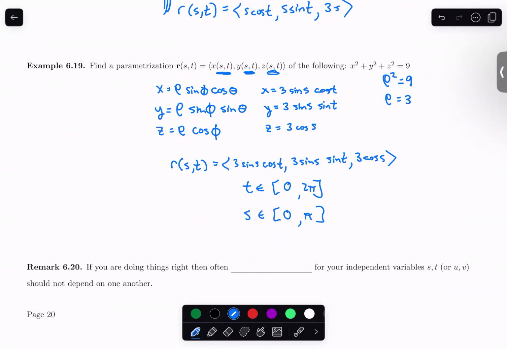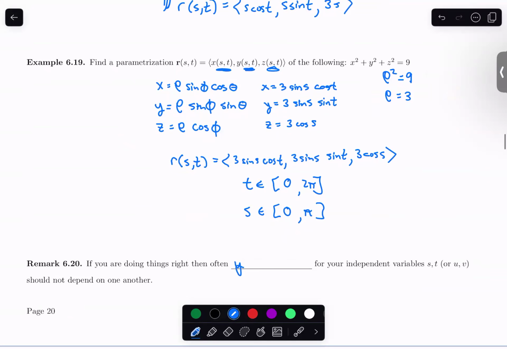If you're doing things right, then often your bounds for your variables, S's and T's, or the book also uses U's and V's. I usually think of U's and V's as vectors, but okay, they're not bolded here at least. But S's and T's should not depend on one another. So notice that our bounds here, T doesn't have S's in it.